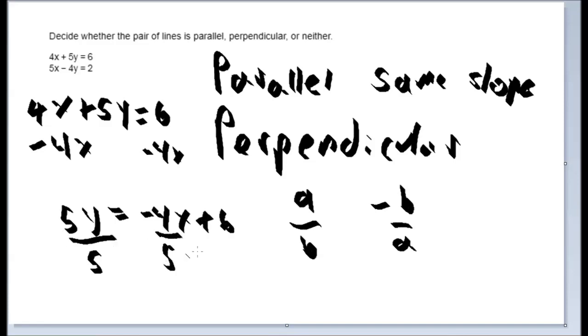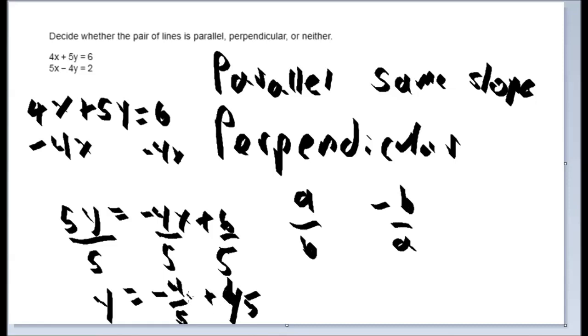Then we get the equation y is equal to negative 4 over 5 x plus 6 over 5. So for the first one, m is equal to negative 4 over 5.